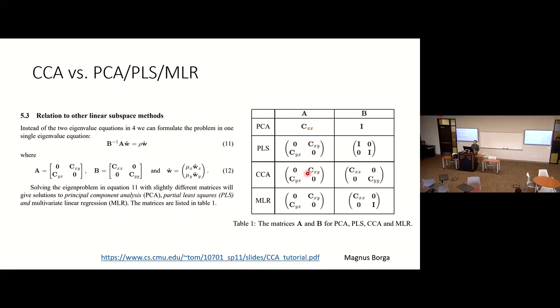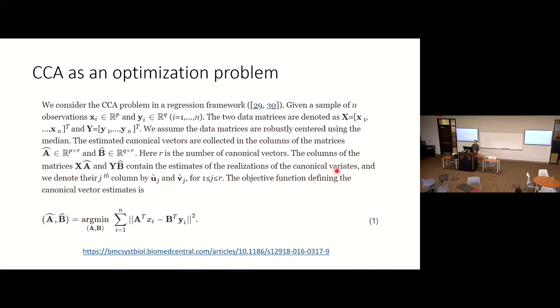With CCA, you consider both, okay? You consider the correlation from variables within X and within Y, and also the variation within themselves as well. So we need to put both A and B, these two matrices, into this eigen decomposition.